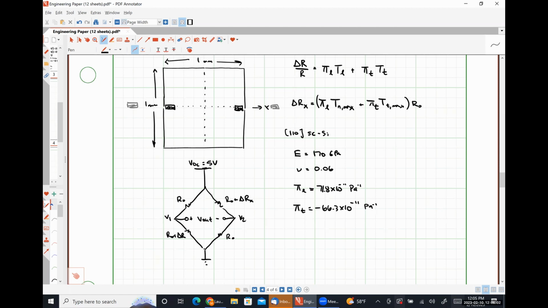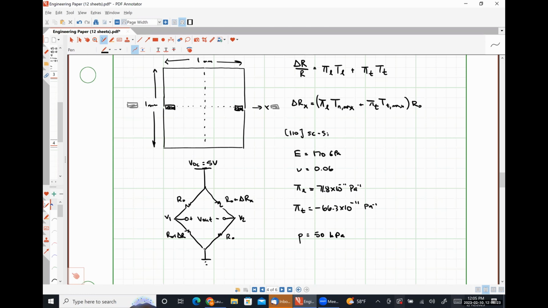So let's say that our membrane here is experiencing a differential pressure of 50 kilopascals. I want us to figure out what the output voltage is going to be.